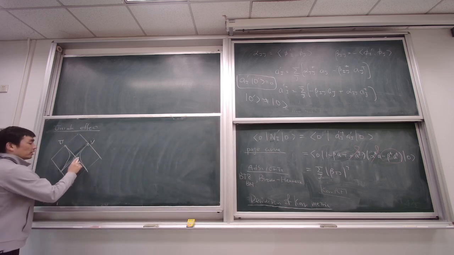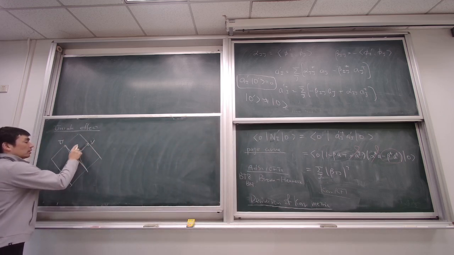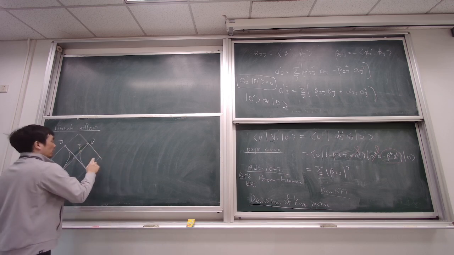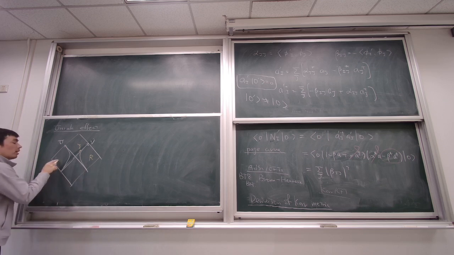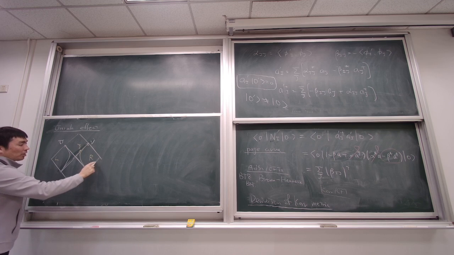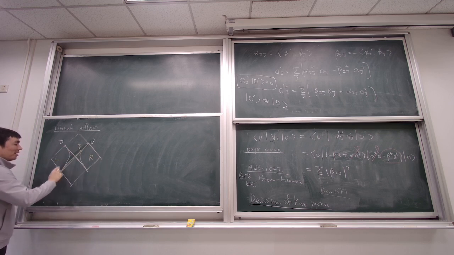This part is called the right Rindler wedge, and this is called the left Rindler wedge.